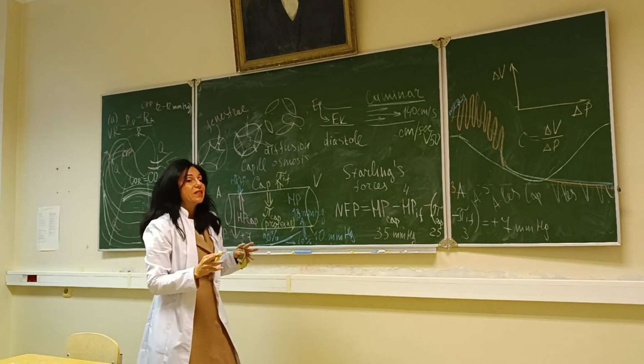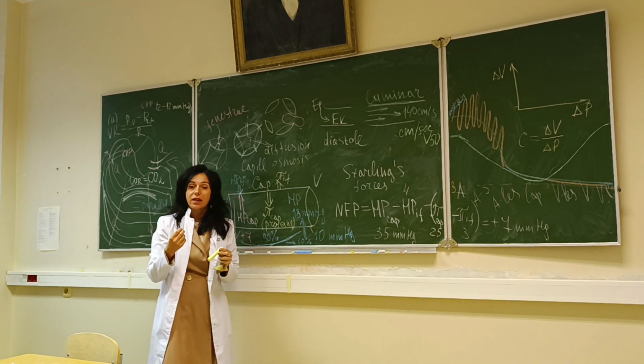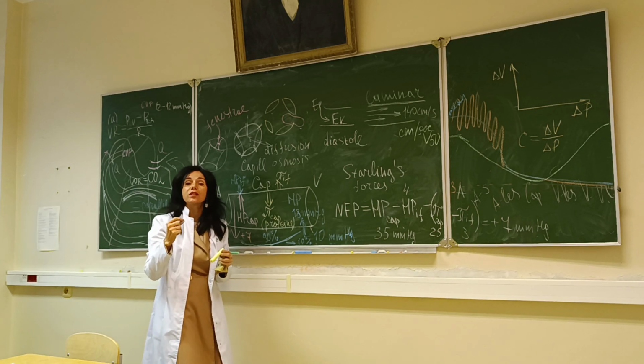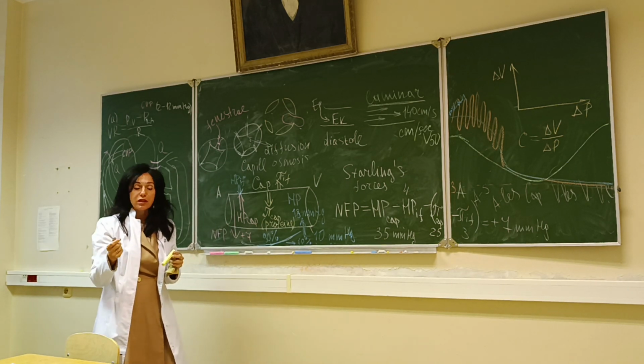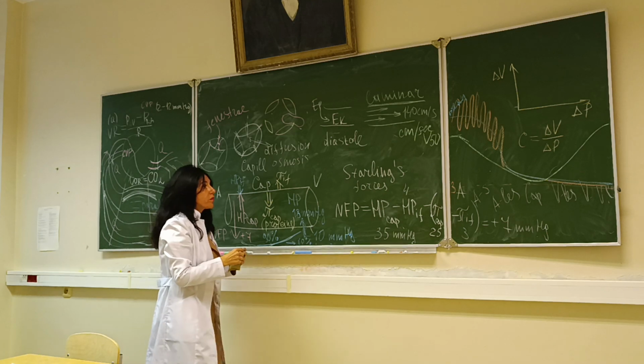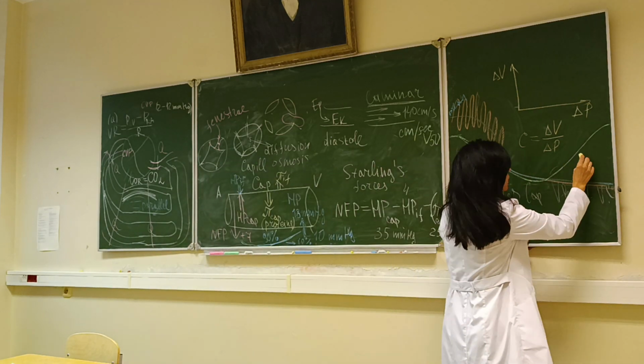The blood vessel wall is stretched by blood pressure inside and outside. It's called transmural pressure, but the pressure inside is more important because the outside is smaller.